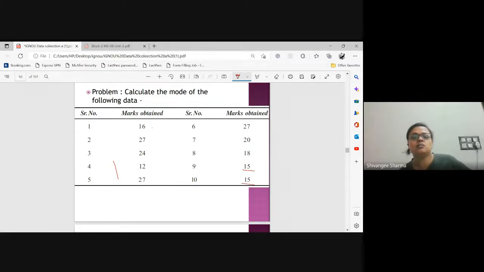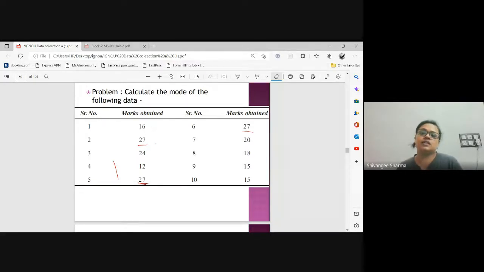27 will be the answer because 27 is scored by 3 students, 15 by only 2 students, and 16 by a single student. So the number that is repeated the largest number of times is your mode.